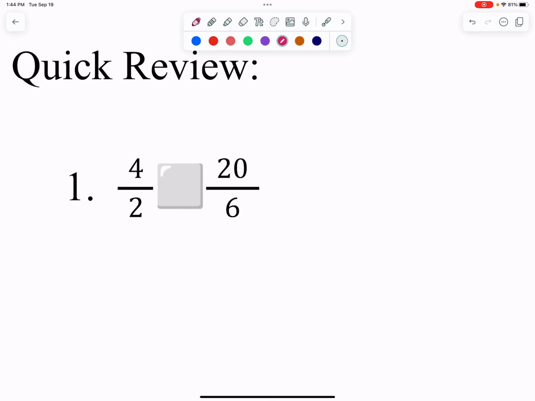First thing we are going to do is multiply across our fractions. We're going to do a cross multiplying process. I know that 6 times 4 is 24. Then I'm going to multiply the opposite direction. 2 times 20 is 40. 24 is still not equal to 40.